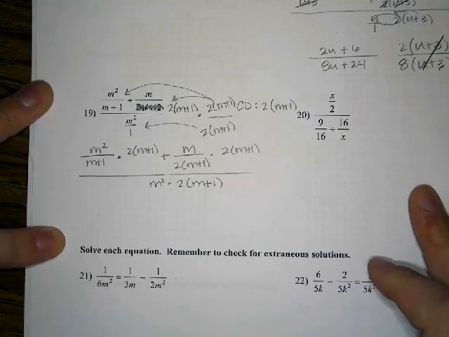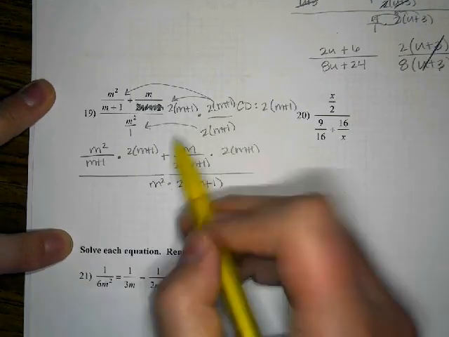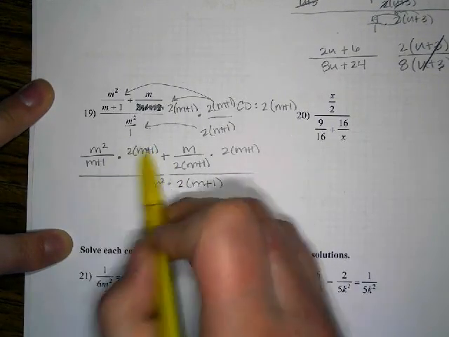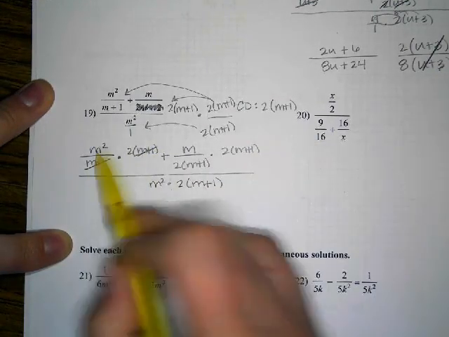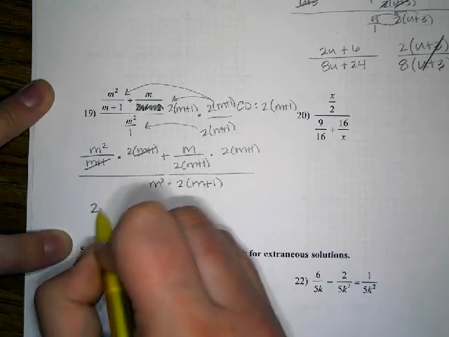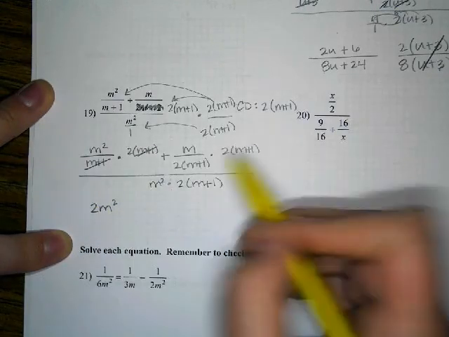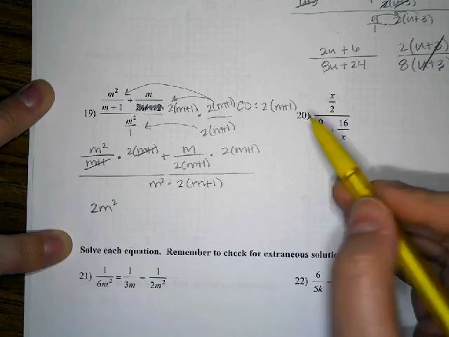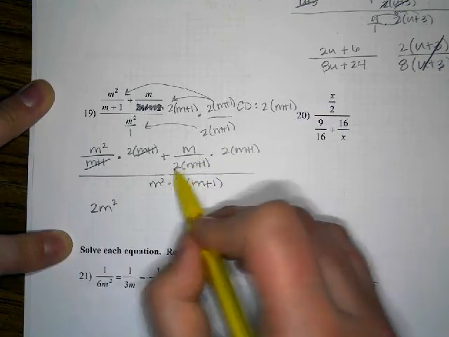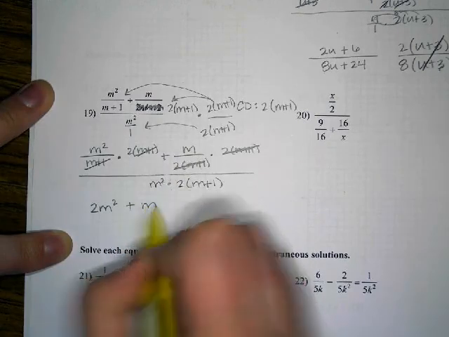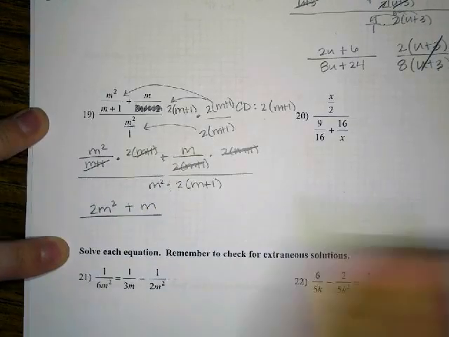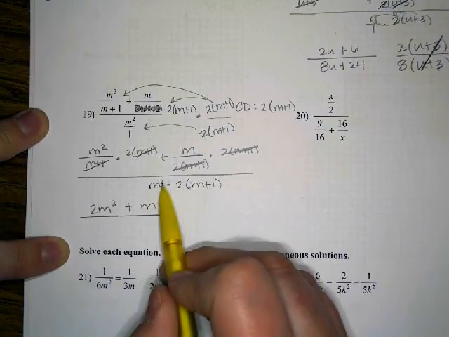So the m plus 1s in the first term cancel, and I get m squared times 2, so that's 2m squared. And I'm adding the 2 and the m plus 1s cancel, so I'm adding m. And then on the bottom, I have m squared and 2, so I have a 2m squared that's being distributed.